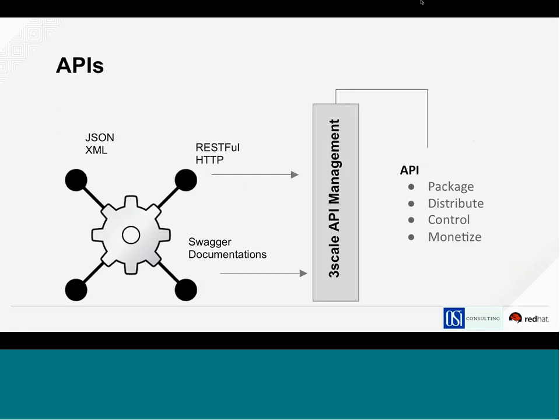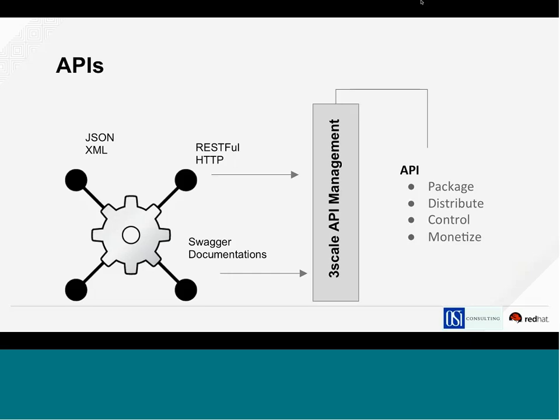So earlier I mentioned APIs. If I have all those services, I need a way to expose them to my internal users, but also my potential partners. A lot of times now when we talk about services, it's not for my internal use, but for my partners, potentially my customers. I can charge for the data that I've acquired and put together, and I can use API management to help me manage it. I can use Swagger to help document it.